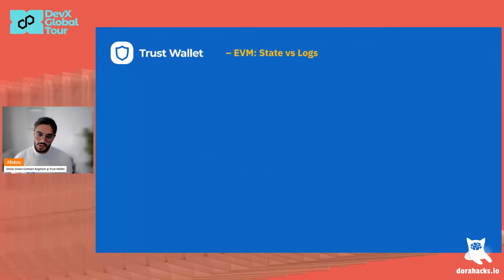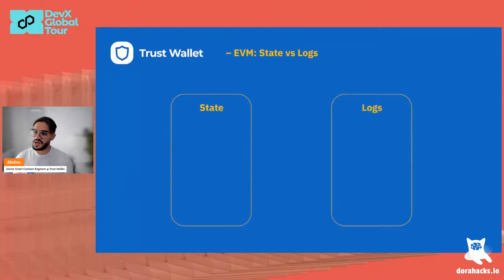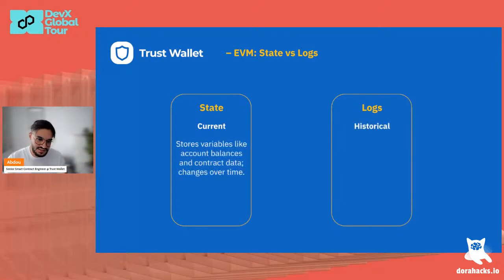So now let's go to the EVM. At its core, the EVM has two types of data. One is called the state, and the other one is logs. You can imagine the state as the current state of the blockchain or the ledger, and logs are more historical. What does it mean?